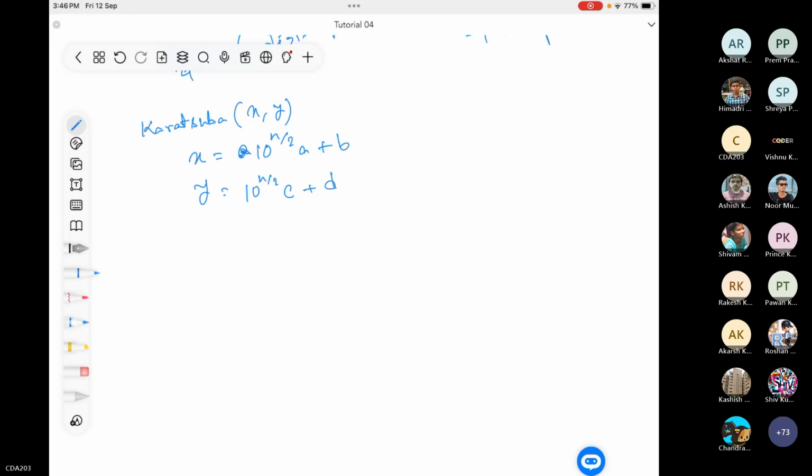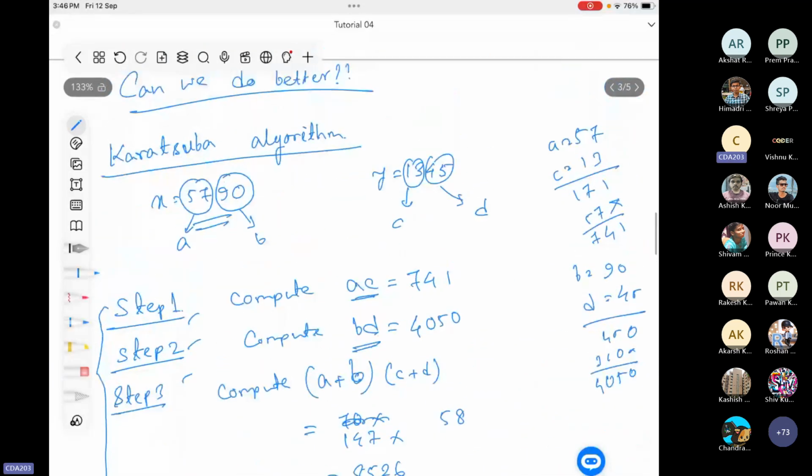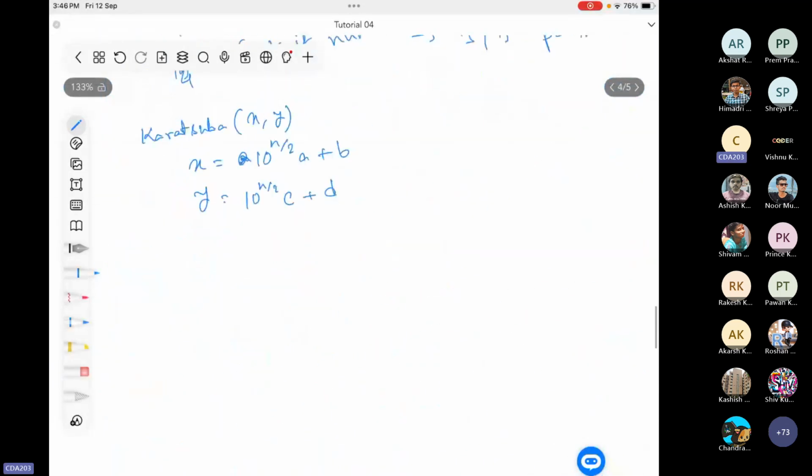So does everyone agree with me about this? Okay. Do you know the decimal representation of a number? Like, for example, this number, 5790.